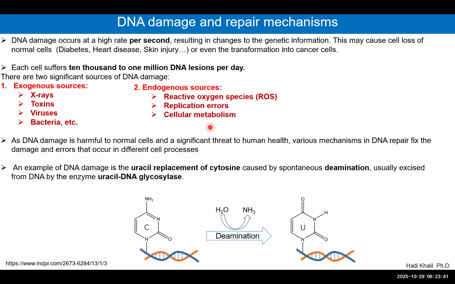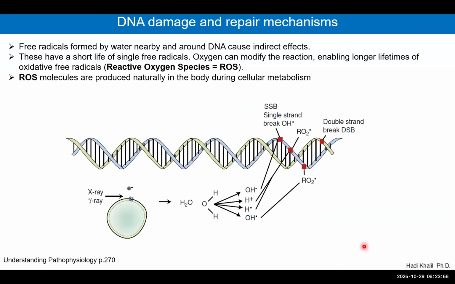Again, we described this. We extensively went through how that affects the transition from one base to another, in this case from cytosine to uracil. We also discussed how that can break the DNA into single or double-stranded breaks.